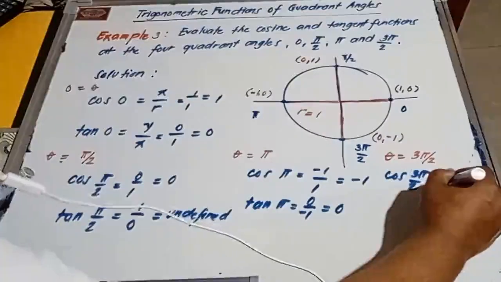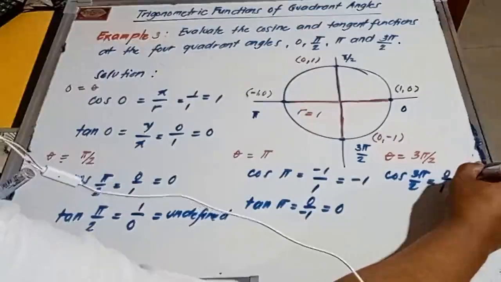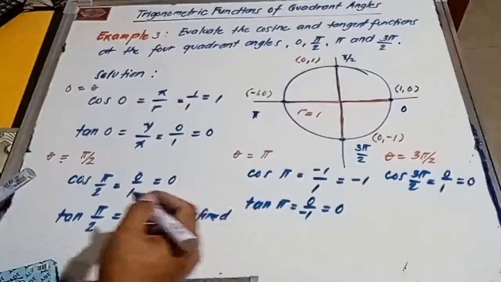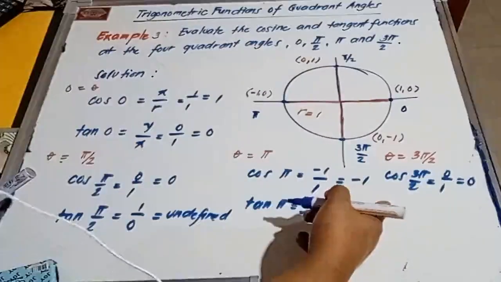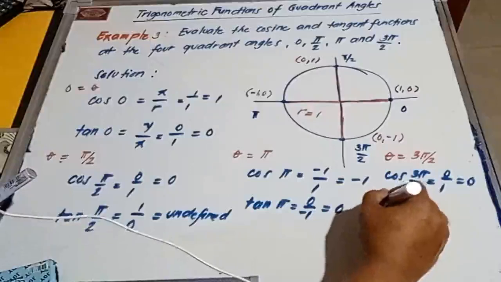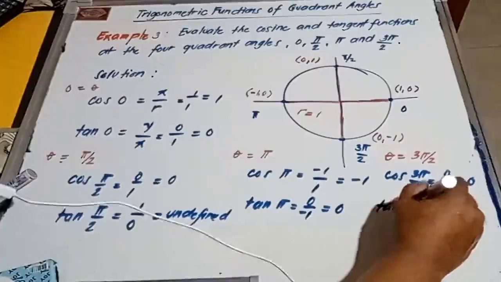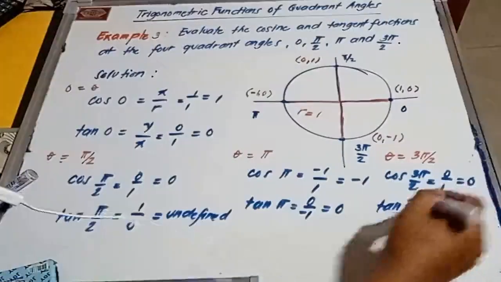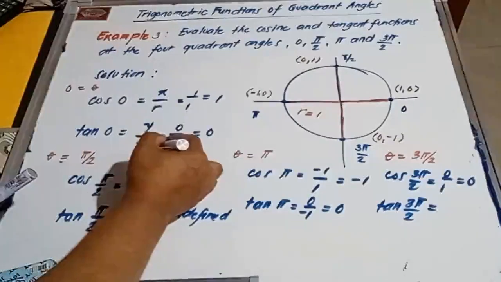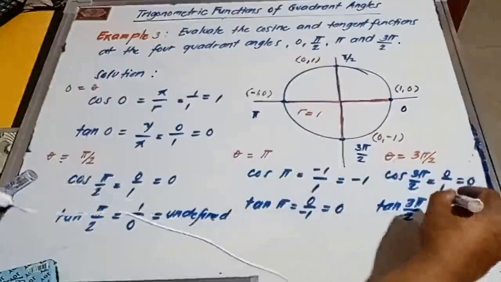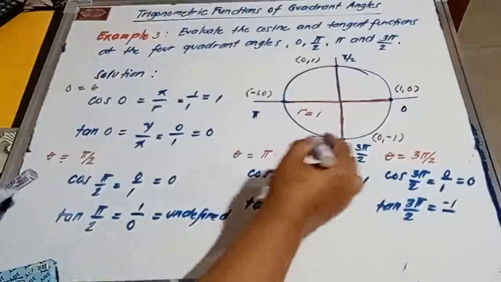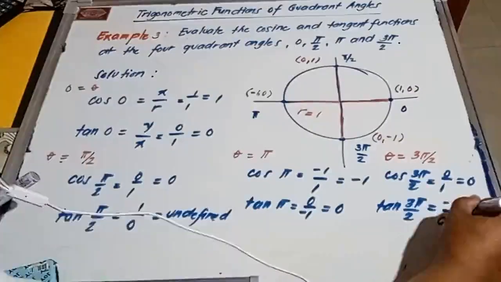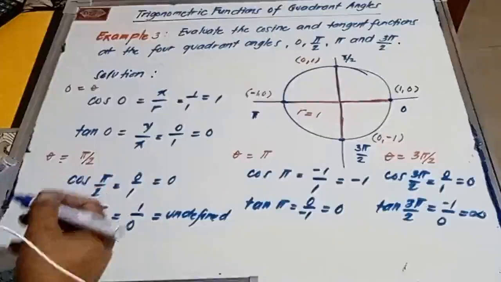R natin ay 1. So therefore, cosine 3 pi over 2 is 0. That is cosine 270 degrees is 0. That's correct. Tangent 3 pi over 2. Itong ratio y over x. Y natin ay negative 1. Ang x natin ay 0. Therefore, that is undefined. Okay?